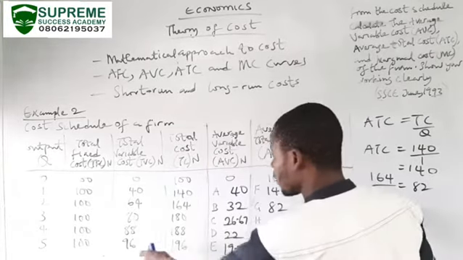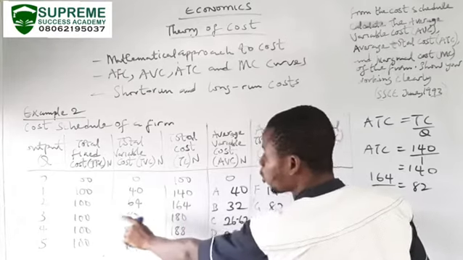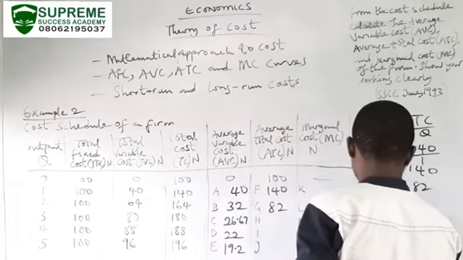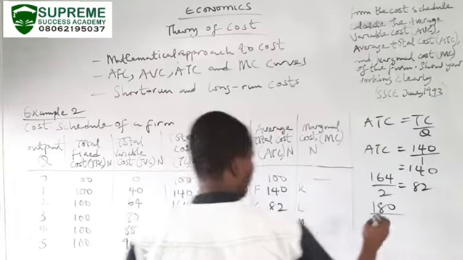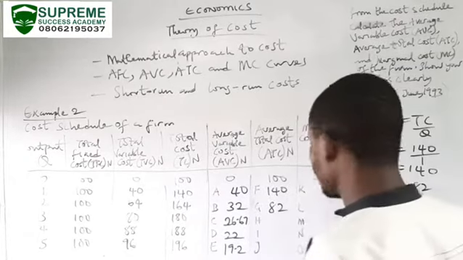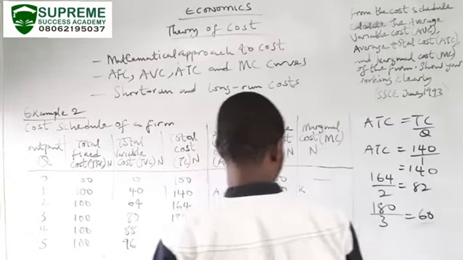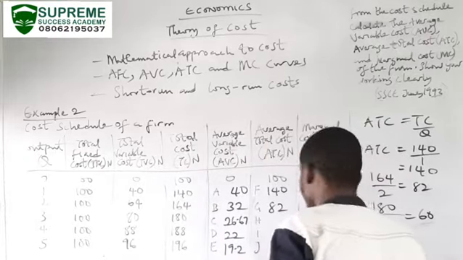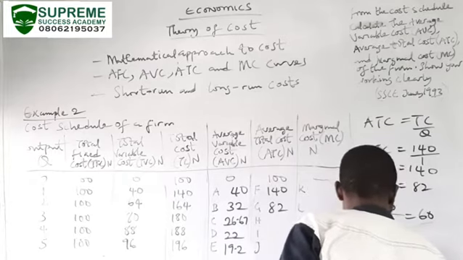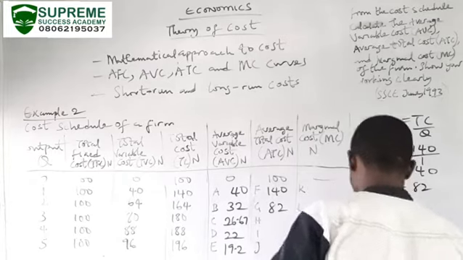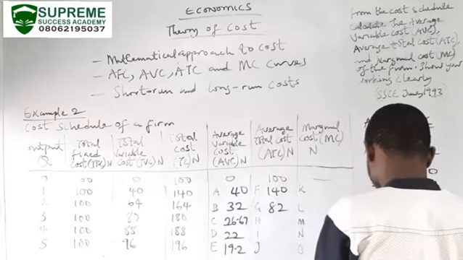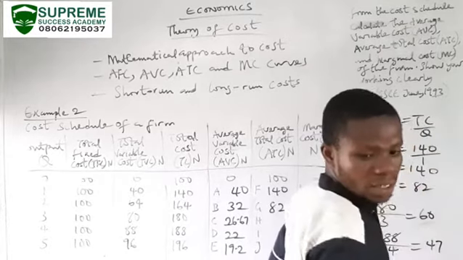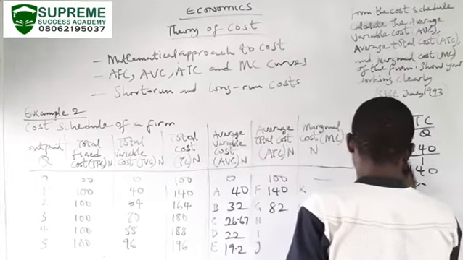The next one is output 3, where the total cost is 180. 180 divided by 3 gives us 60. The next one is 188 for output 4. 188 divided by the output, which is 4, equals 47.